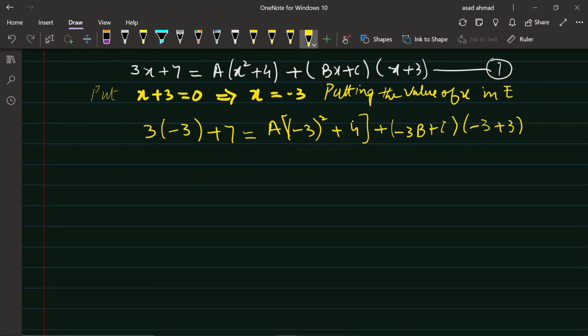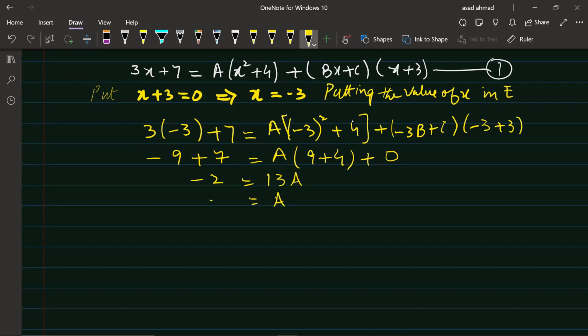So simplification will give us 9 plus 4, and this part will become 0, minus 9 plus 7 minus 2, and this will be 13a. So from here we will derive the value of a, that is minus 2 over 13. So one value is calculated.